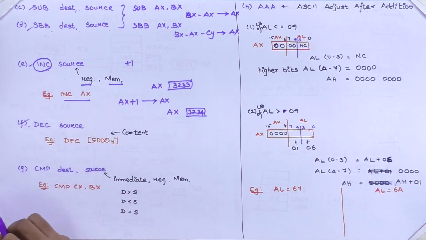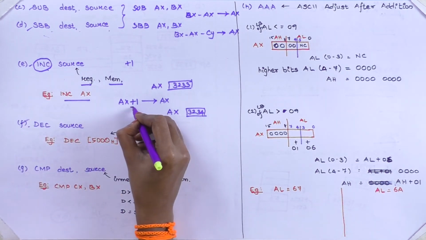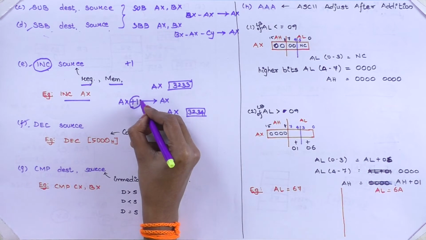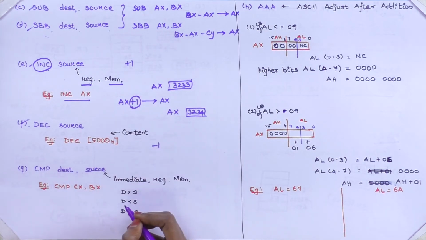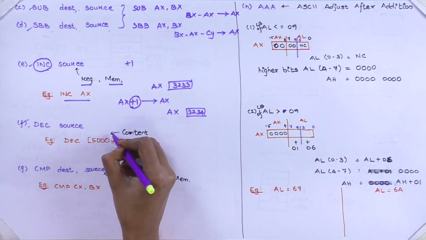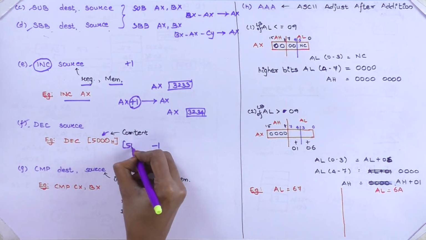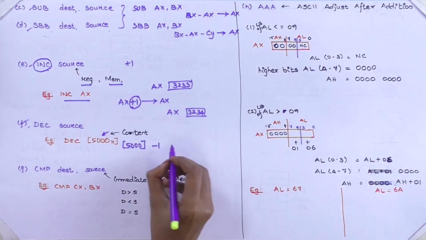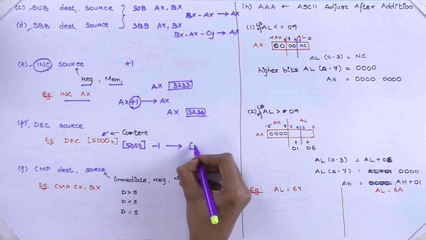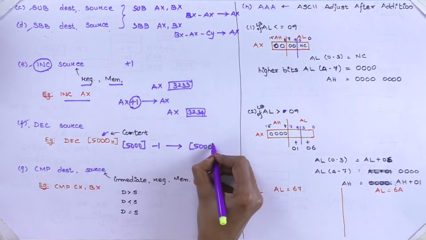So the next is decrement. You can decrement the value by 1, whereas there it is incremented by 1. The destination can be a memory location. So what will happen is the value from the memory location 5000 will be decremented and stored again in the same memory location.